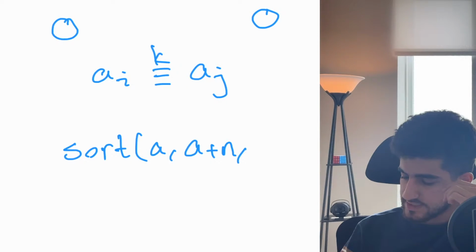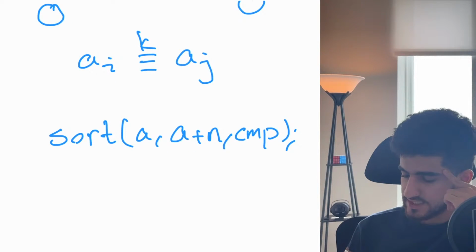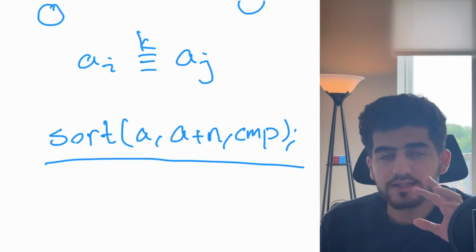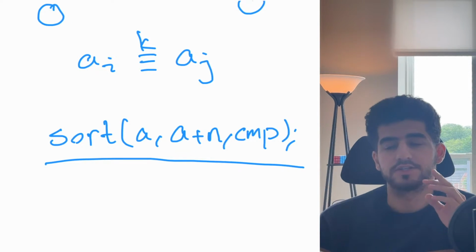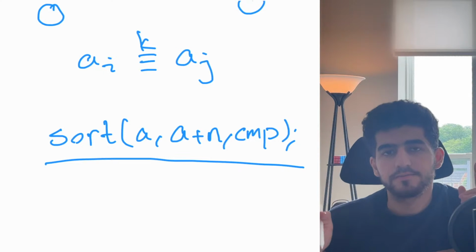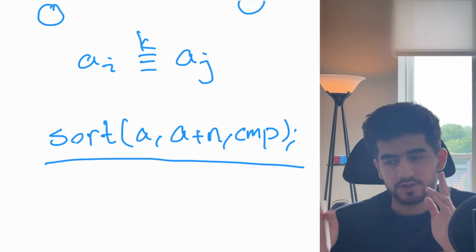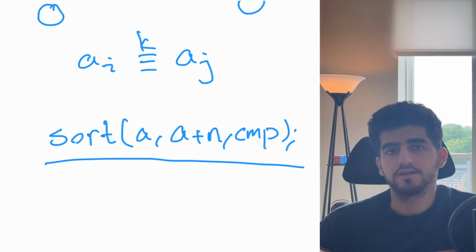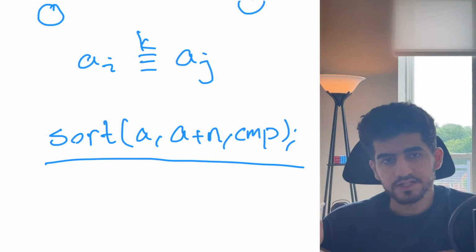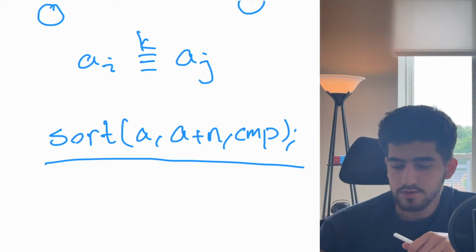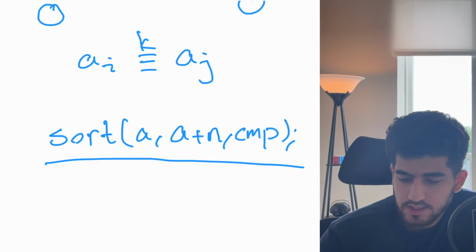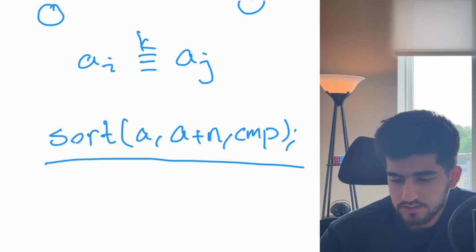So I want to write a CMP function that can sort this array and puts all the numbers that are equal modulo k next to each other, and among themselves sorts them in ascending order. So the first thing is to just write this sort function.